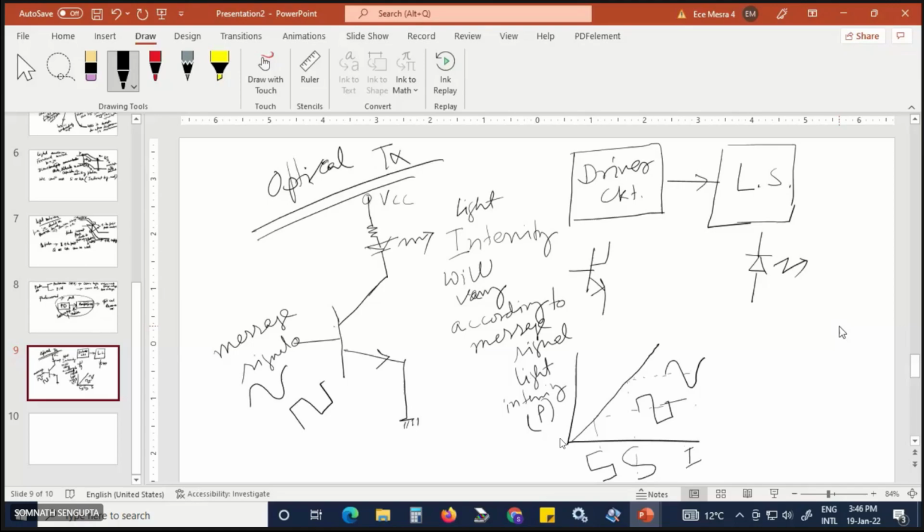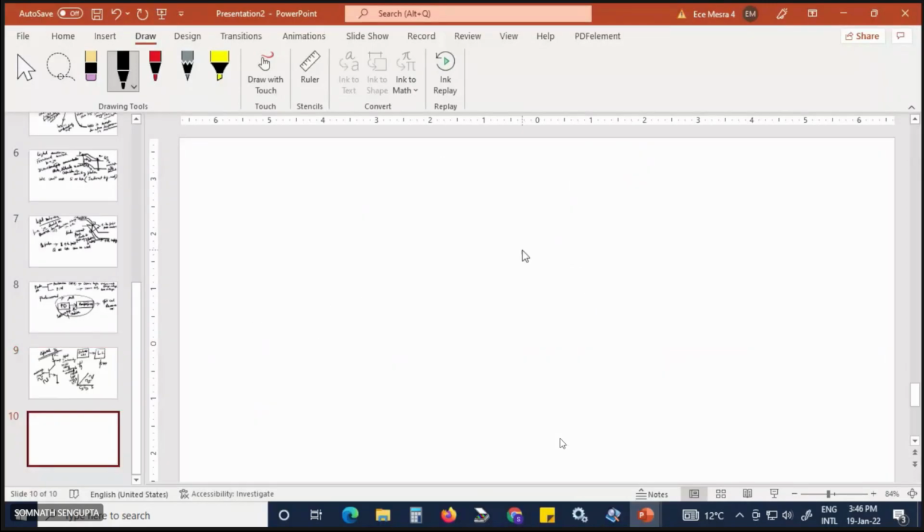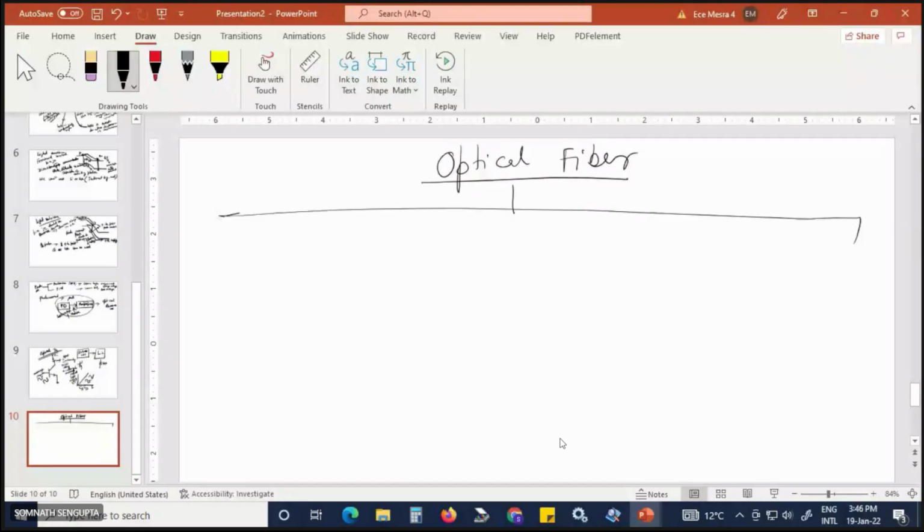Now coming back to optical fiber. Now we'll discuss optical fiber. Optical fiber can be classified in many ways: based on material, based on mode, based on index profile.